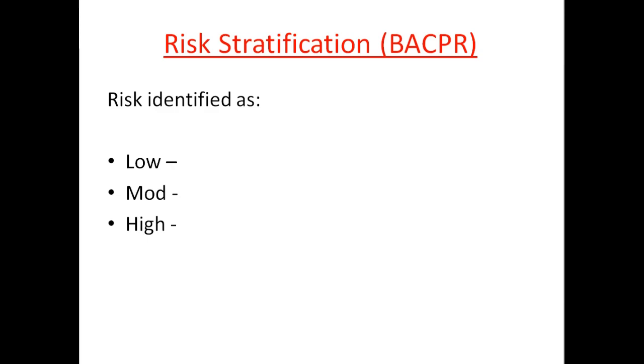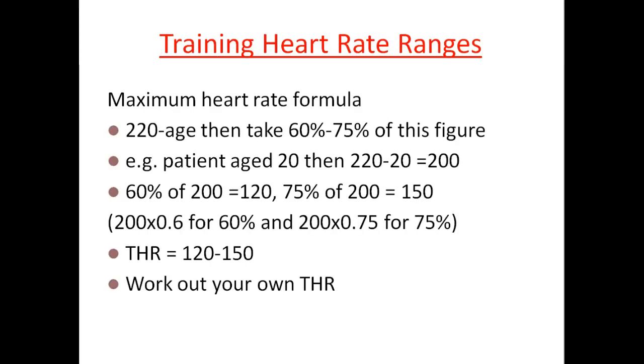Okay, so your risk stratification. You're going to be classified according to your medical history: low risk, moderate risk, or high risk. Okay, we're going to work out some training heart rates. So for a maximum heart rate, it is 220 minus your age, and then we want 60 to 75% of this figure.